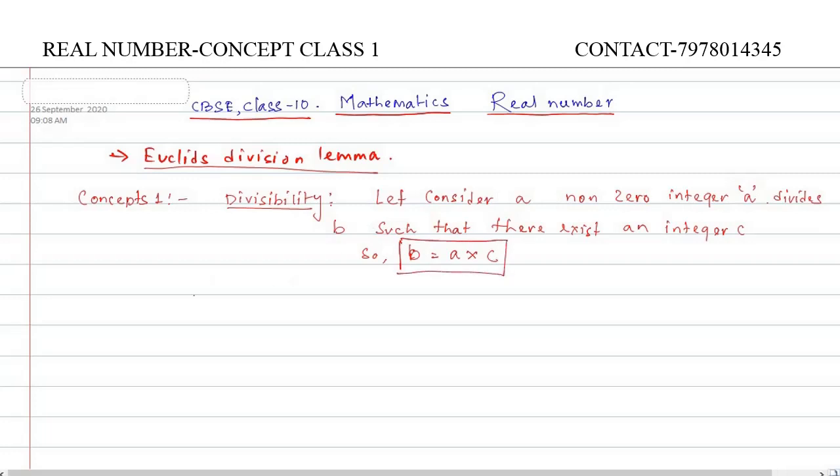So that means we can say that a will divide b when there exists another integer c. So let us see some example how this statement is written or how this statement is true.